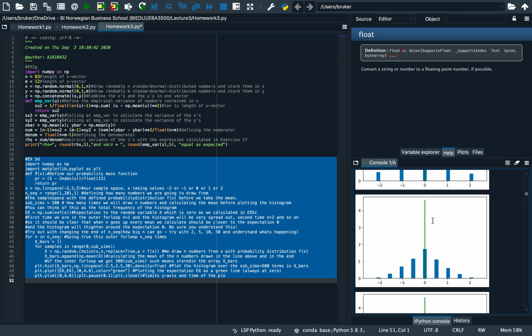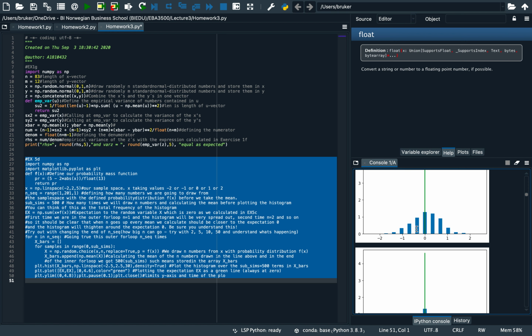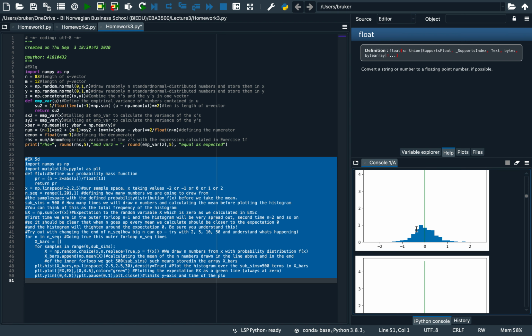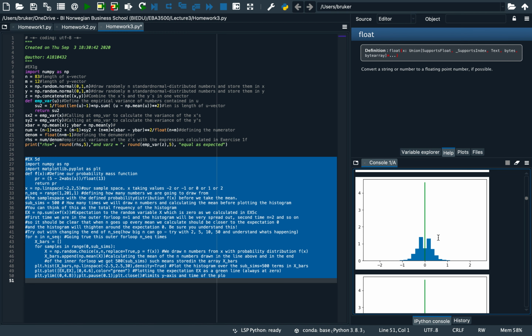But then in a later histogram, let's see, 2, 3, 4, 5, 6, 7, 8, 9, 10. So here we have drawn 10 numbers and found the mean 500 times. So this is actually a histogram over 500 means of 10 numbers drawn from our sample space.